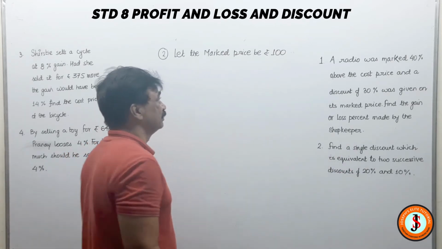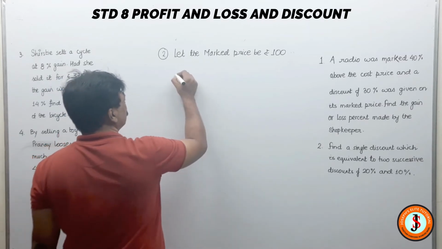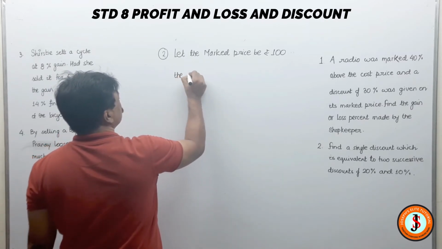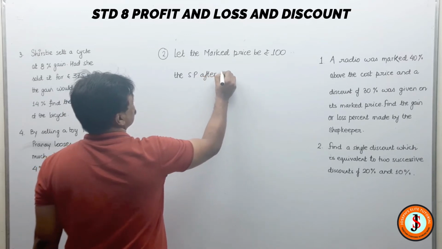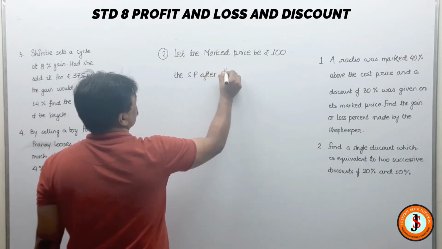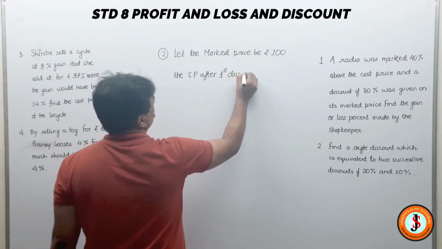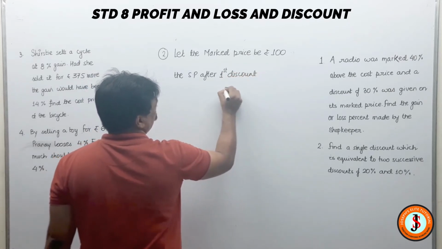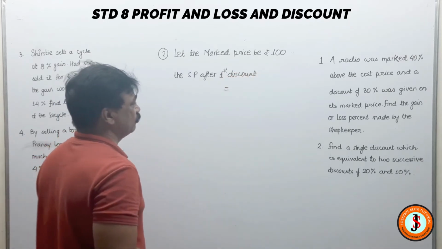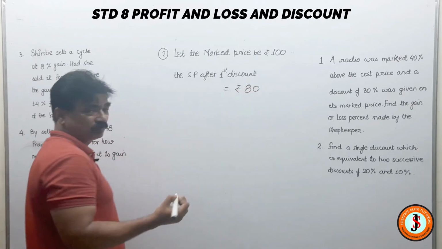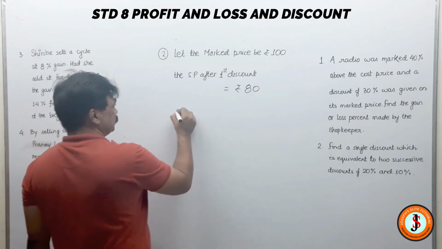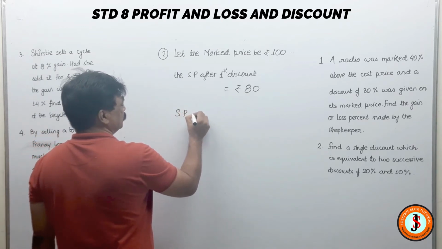But let us see. The mark price be rupees 100, then SP after first discount will be how much? 20% of 100 will be what? Rupees 80. Now SP after second discount.